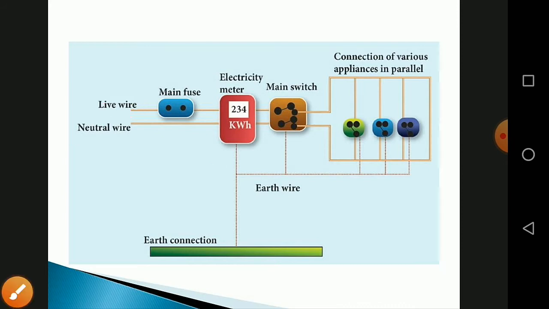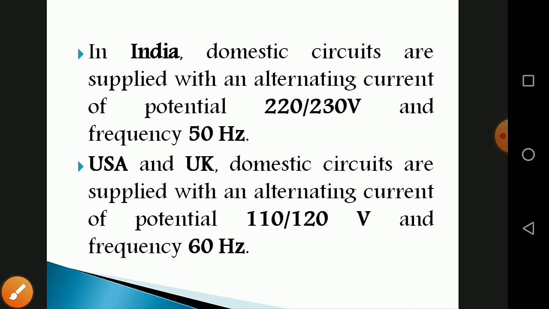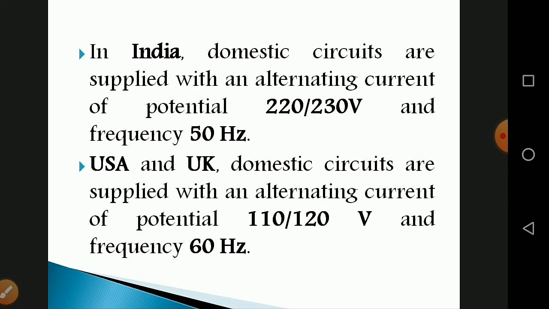In India, the domestic circuits are supplied with an alternating current of potential 220 to 230 volt and frequency 50 hertz. In countries like the United States and the United Kingdom, domestic circuits are supplied with alternating current of potential 110 to 120 volt and frequency 60 hertz.